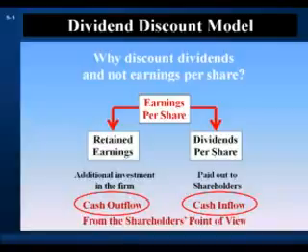The price of common stock is not the present value of a stream of earnings per share, because earnings per share is both a cash inflow and a cash outflow from the shareholder's point of view. The relevant cash flows to value an investment are the actual cash inflows received from the investment.